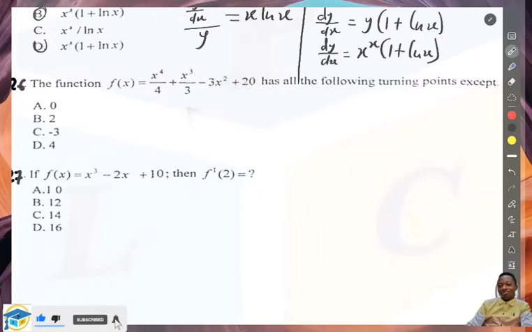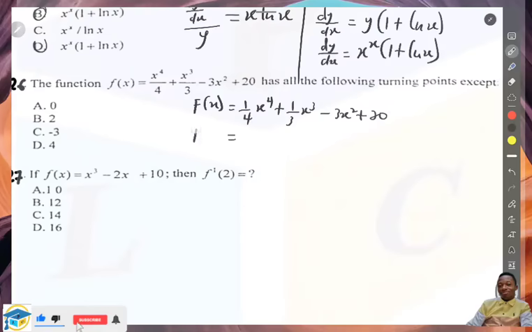So we therefore say that our f prime of x should be equal to, remember, we can rewrite the same expression before even starting the differentiation. So we can rewrite this f of x to be equal to 1 over 4 x to the power 4 plus 1 over 3 x to the power 3 minus 3x squared plus 20.